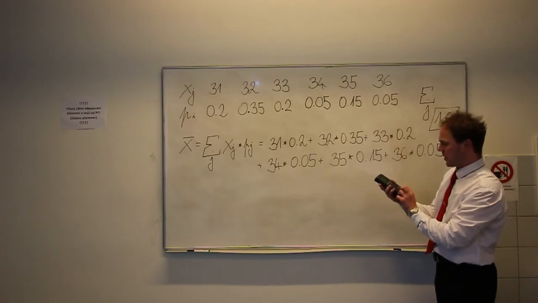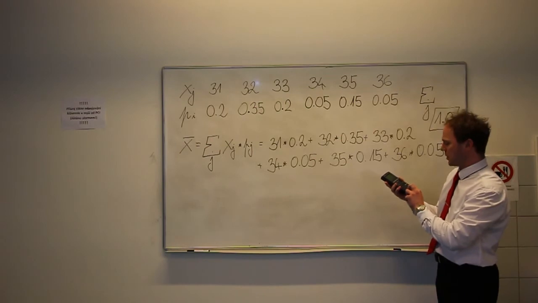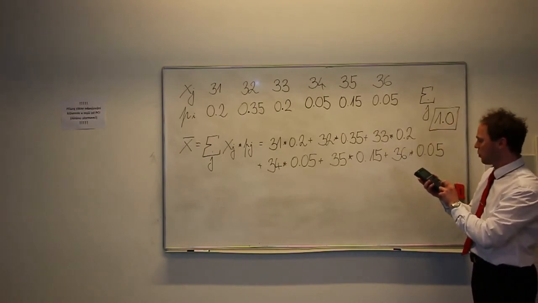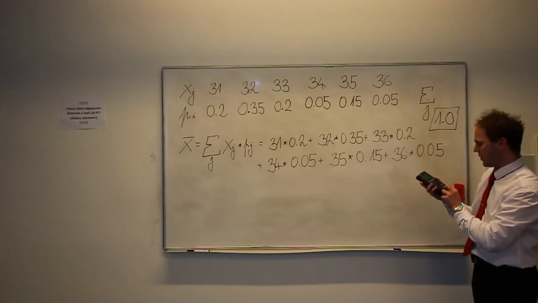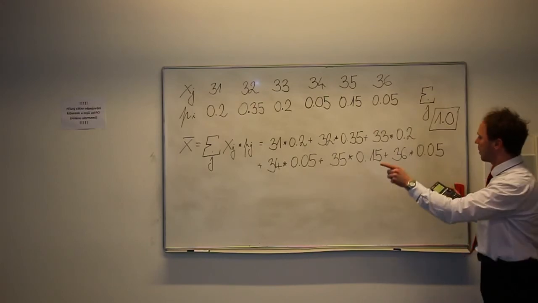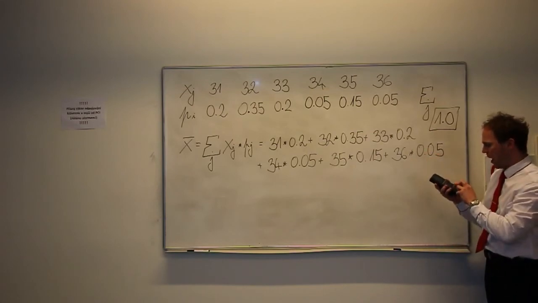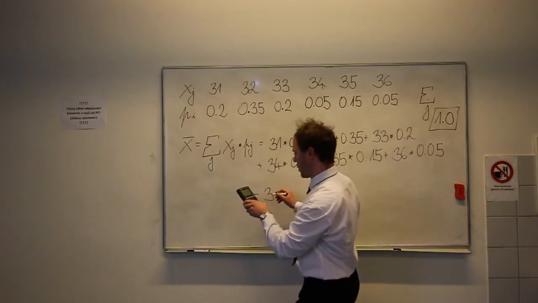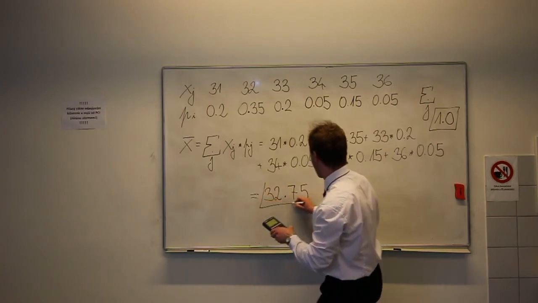So 31 times 0.2 plus 32 weighted by 0.35 plus 33 weighted by 0.2 plus 34 weighted by 0.05 plus 35 weighted by 0.15 plus 36 weighted by 0.05, and the average age is 32.75.